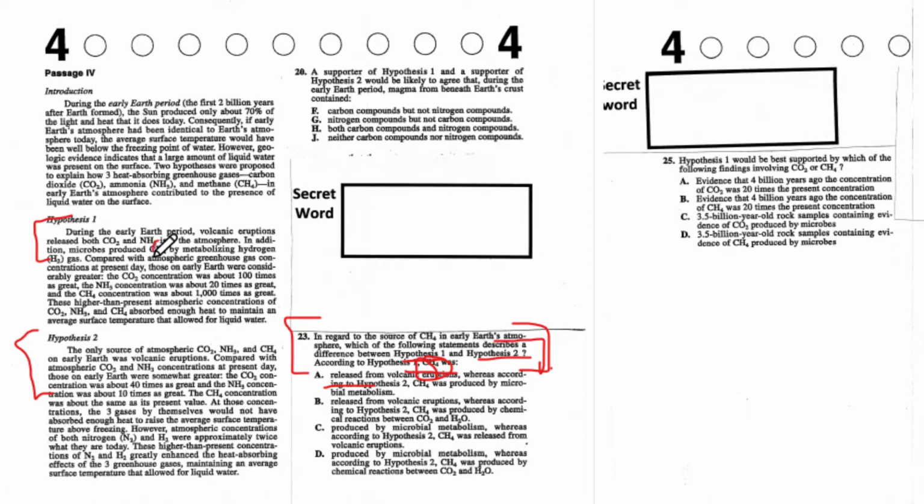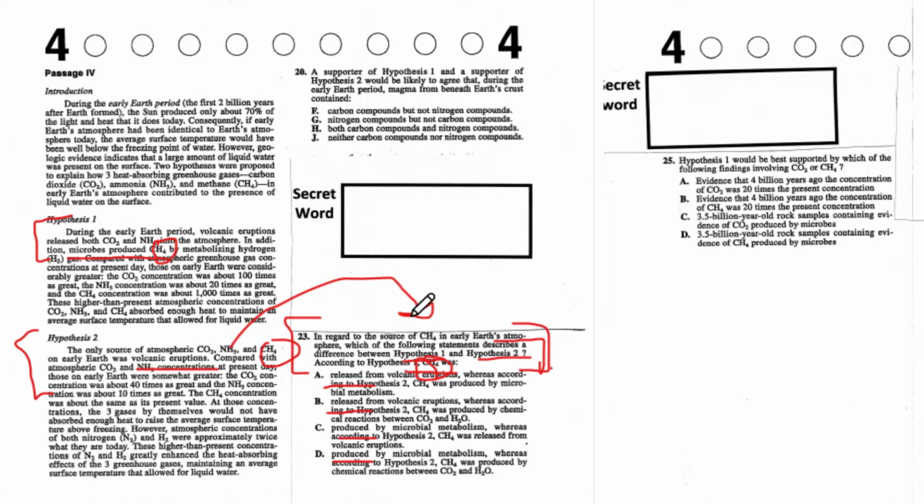So here's our CH4 here, and then our CH4 is here, right? I read the topic sentences here, and in this first hypothesis, it says microbes produce it, and over here it says volcanic eruptions. All right? Candy list rule, released, released, produced, produced.